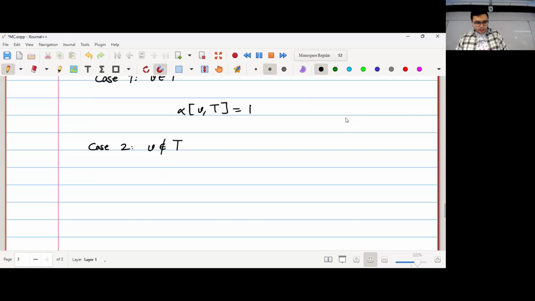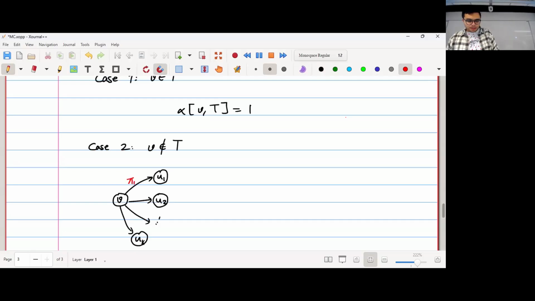Now let's look at my graph. I have my vertex V and it has a bunch of edges going out to other vertices. So let's call those vertices U1, U2, and so on to UK. And each of these edges has a probability assigned to it.